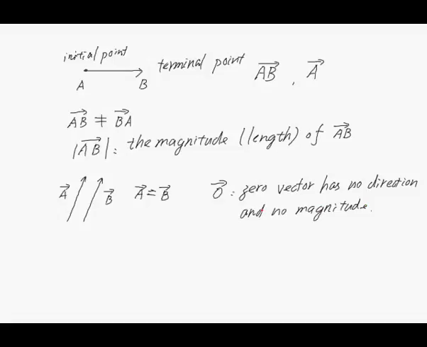But you need to watch out: the zero vector is different from the number zero.